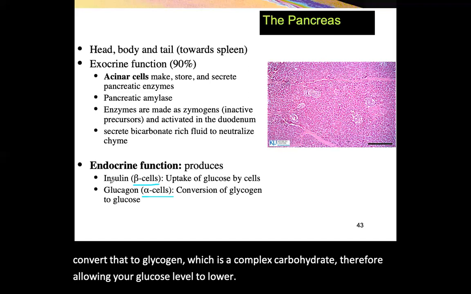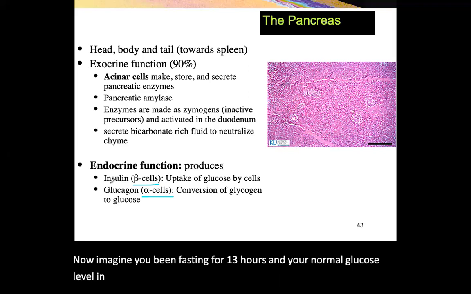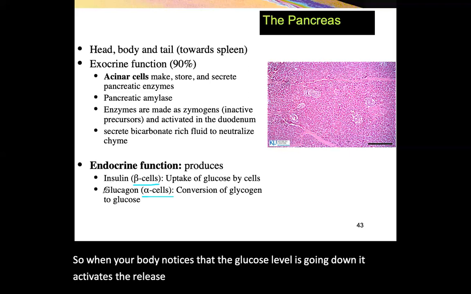Now, imagine you've been fasting for 6-7 hours and your normal glucose level in your blood has slowly started to drop because you have been consuming it. So when your body notices that the glucose level is going down, it allows the alpha cells to release glucagon.